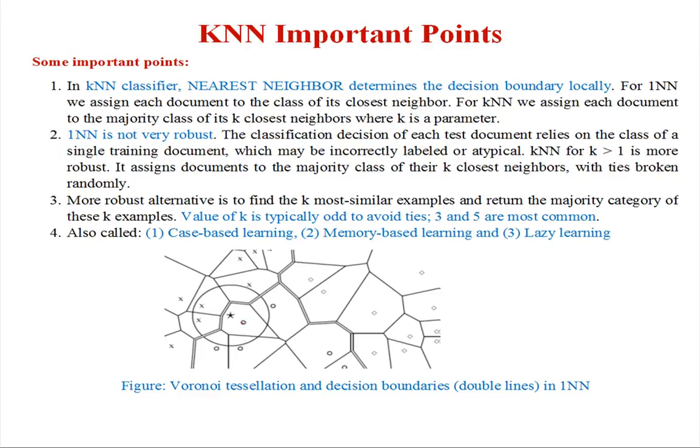Here this represents the documents with the same set, and these cross marked documents are related to a different set. Each document's region is depicted with the help of a Voronoi diagram.